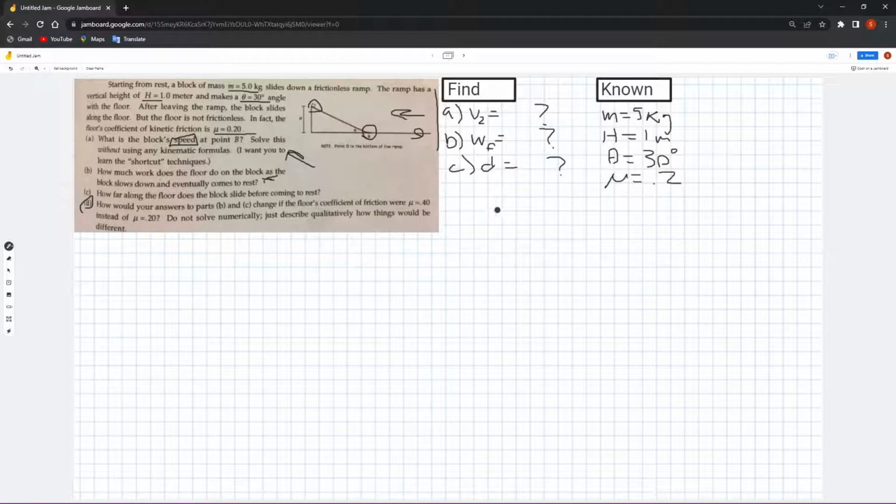So first what we want to do is determine equations that we can use. We have M, height, and we automatically have G, which is just 9.81. So we automatically have M, G, and H, so we have potential energy equals mgh.